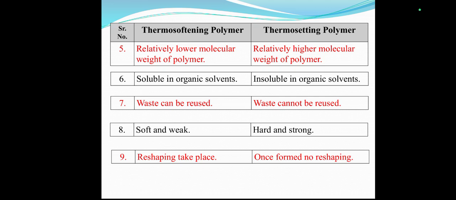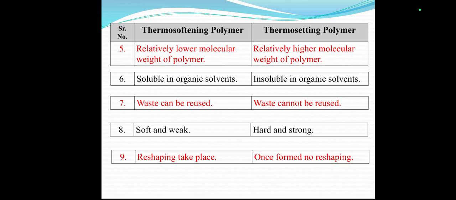Then thermosoftening is soft and weak, and thermosetting is hard and strong. Why is it hard and strong? Because the monomers are polyfunctional and the polymer is 3D. So the 3D form is hard and strong, and thermosoftening is soft and weak.